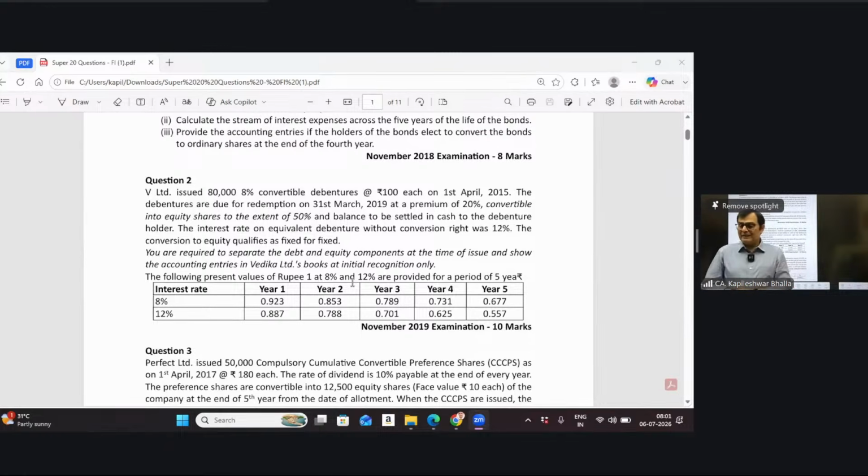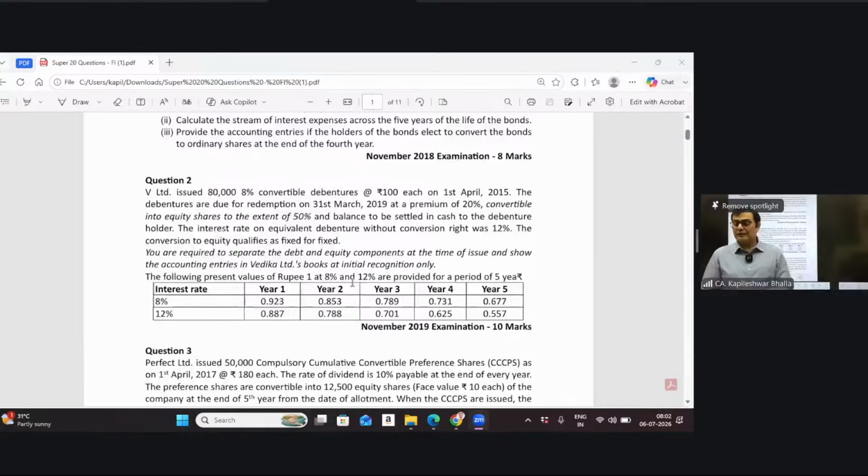It says we issued 80,000 convertible debentures, 100 each, on 1st April 15. The debentures are due for redemption in March 2019, which is 4 years, at a premium of 20%, convertible into equity shares to the extent of 50%, and the balance is settled in cash to the debenture holder.